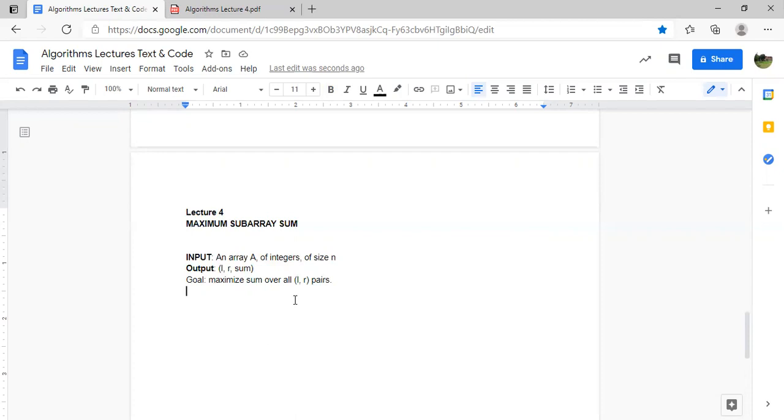So, I hope some of you have come up with the basic method to solve this problem. So the hint is here. I have to check all pairs, right? I have to check all left-right pairs because each left-right pair corresponds to a subarray.